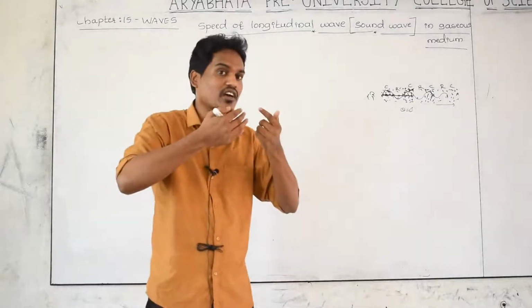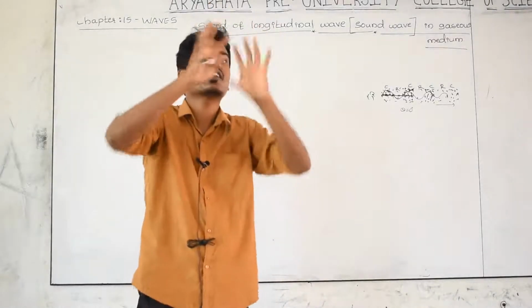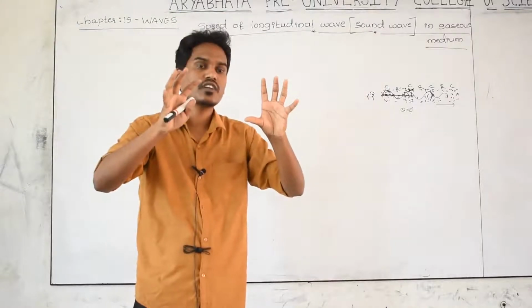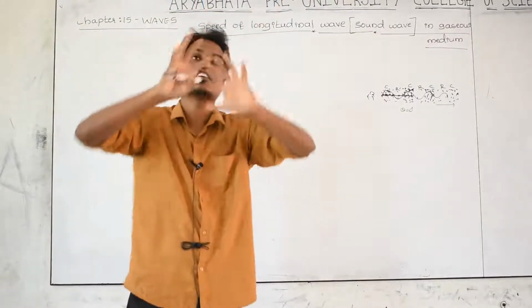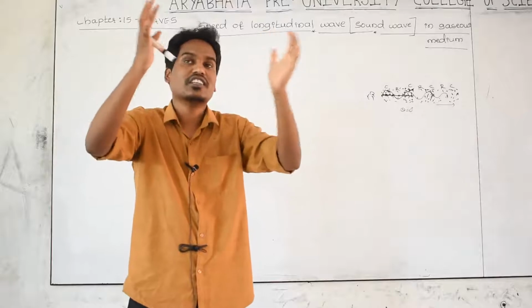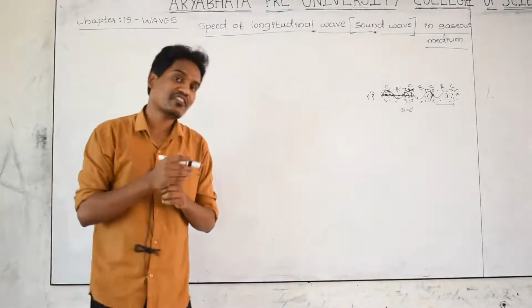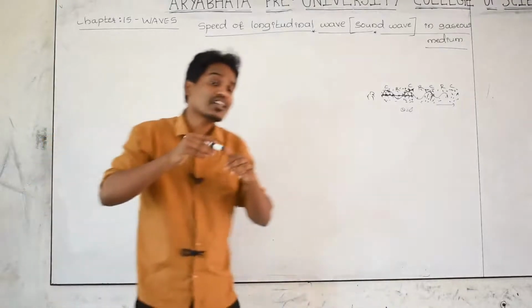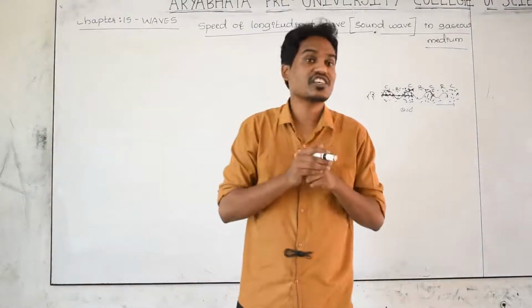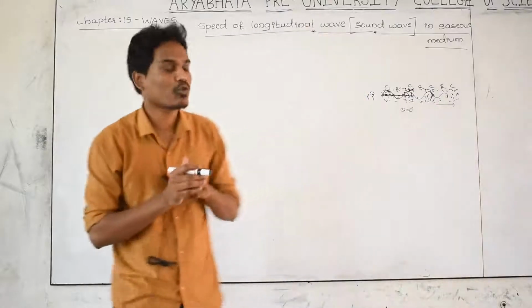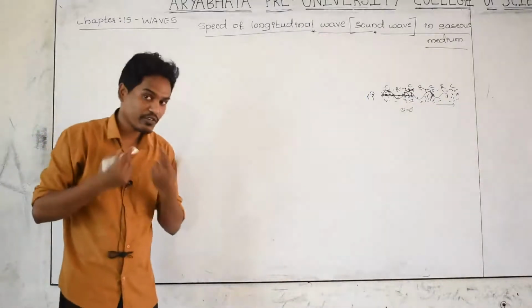When I am talking, my vocal cords put pressure on the air particles present here. After this, the volume of these air particles changes. Since the volume of the gas medium changes, which modulus should I consider?